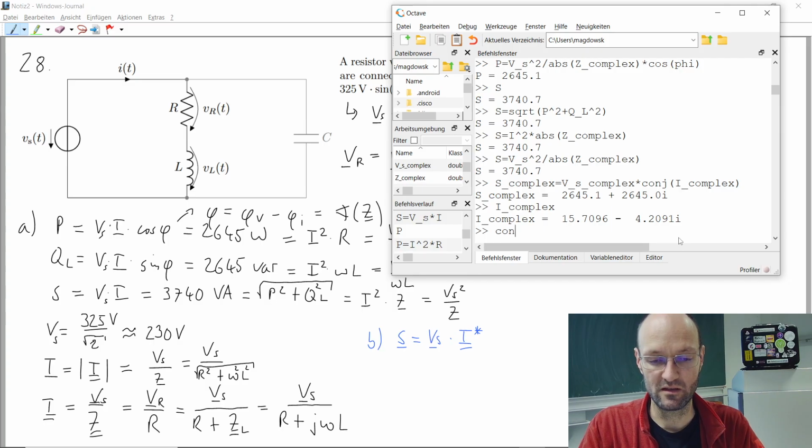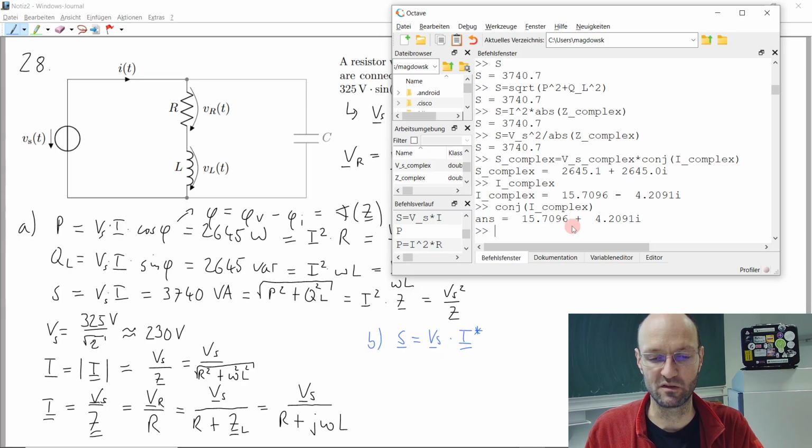And if I take the conjugate of this complex current, what should happen? Yeah, similar results, but there should be a plus at this position. The real part should be the very same, but the imaginary part should have the opposite sign. So we get the same real part, but the negative imaginary part turns into a positive imaginary part and vice versa. Okay, so this is our complex power.